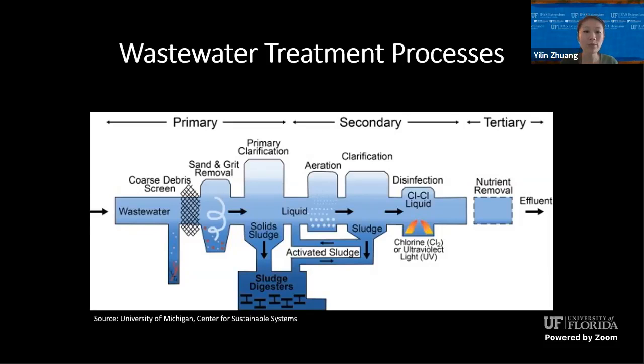It provides a very high level of treatment that goes beyond secondary treatment. In the case of nitrogen removal, the processes are biological. For phosphorus removal, chemical additives are normally required. From this quick illustration, you can see conventional wastewater treatment is high in energy demand and operational maintenance.